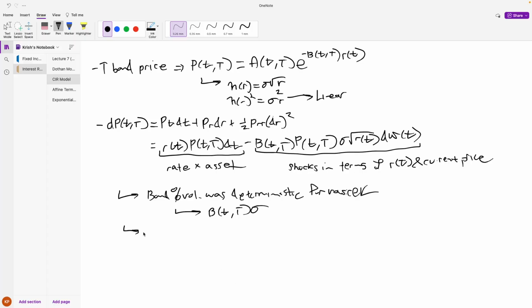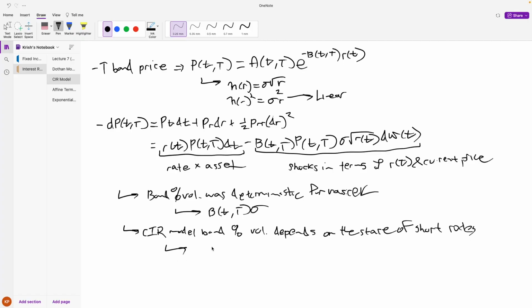But for here, for the CIR, it depends on the state of short rates.